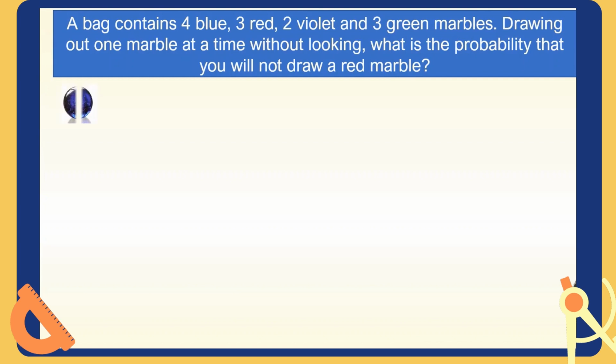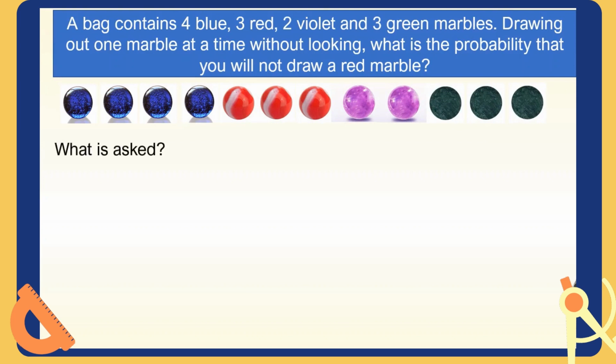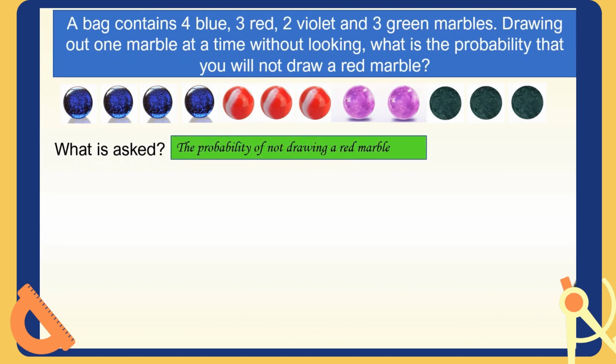So we have 4 blue, 3 red, 2 violet, then 3 green. What is asked in the problem? So, the probability of not drawing a red marble. So, ano daw yung tsansa or ilan daw yung tsansa na hindi mabunot ang red marbles natin?